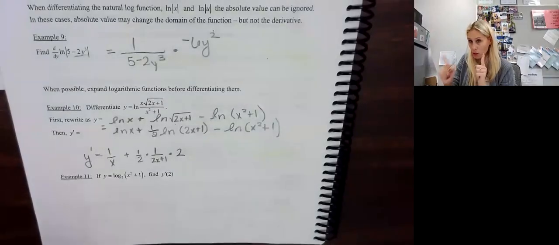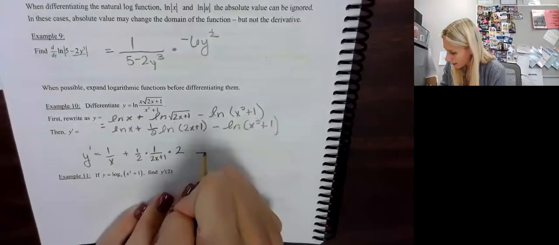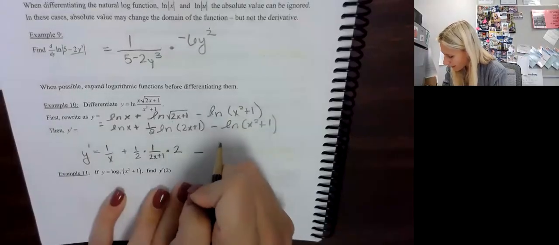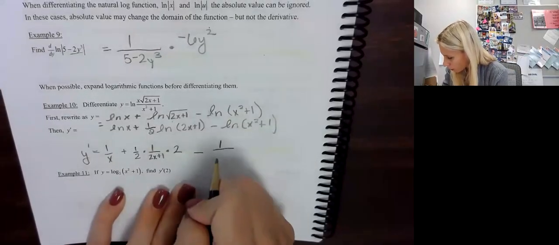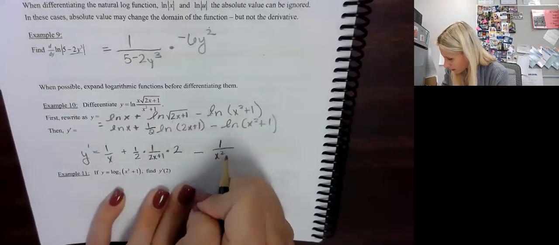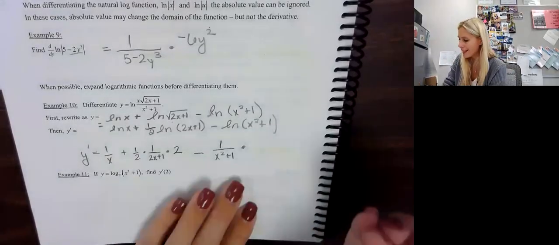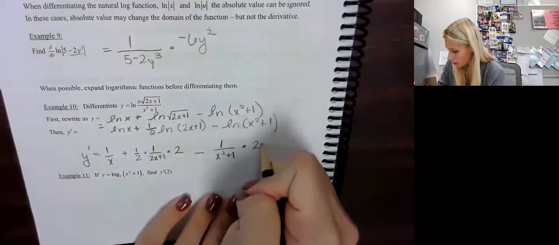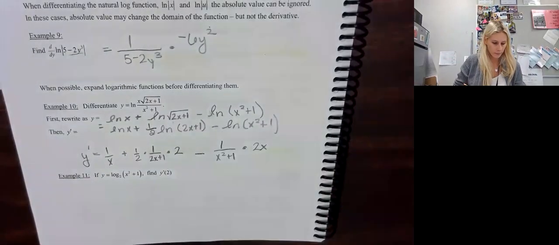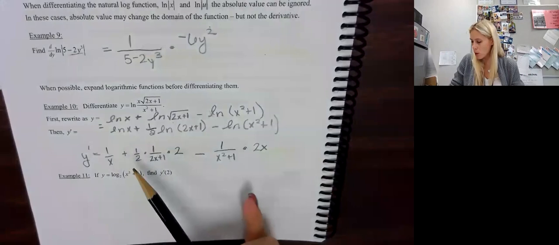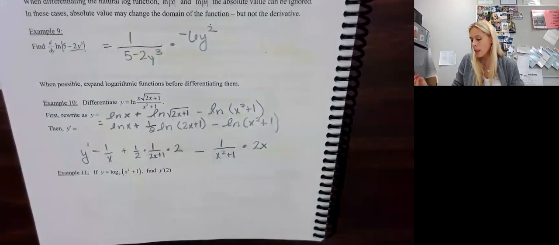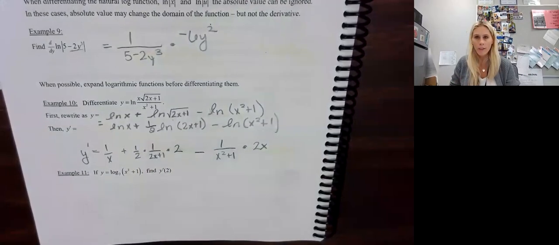Got to be careful with those chain rules, right? Minus ln, the derivative of ln is 1/, what we have, times the derivative of that inside, which would be 2x. Okay, we could simplify this more because the 1/2 and the 2 cancel, but that's all. We don't have to go any further unless we were told so.